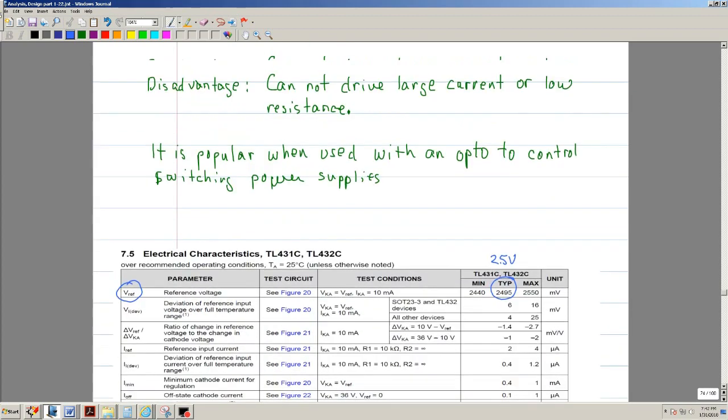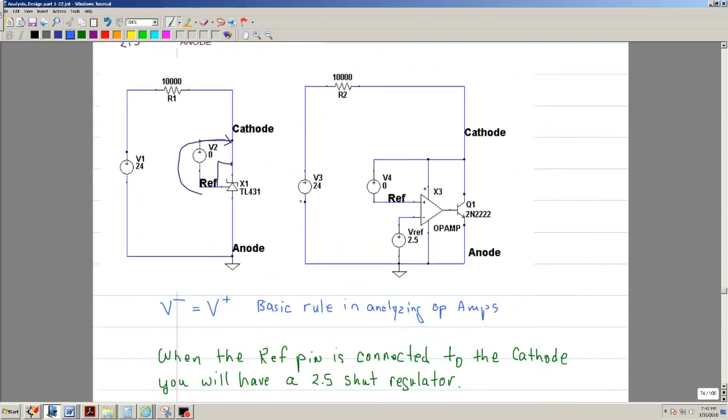So what does that mean? It means that the voltage Vref in reference to ground, in this case the anode being connected to ground, is going to be equal to 2.5 volts.